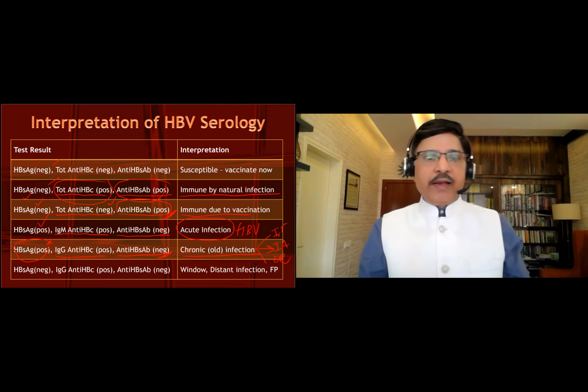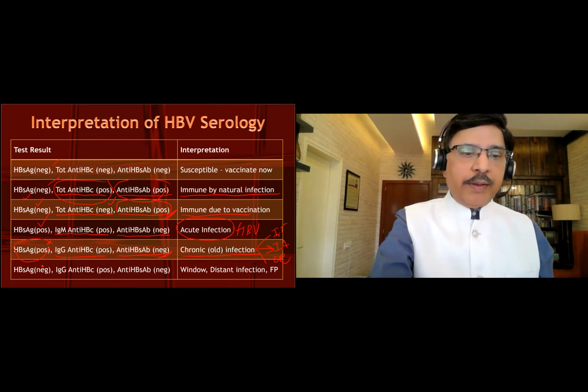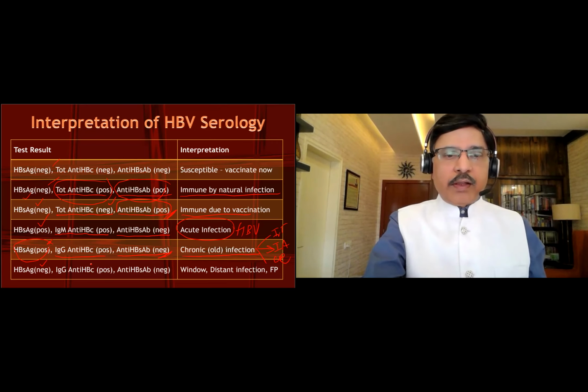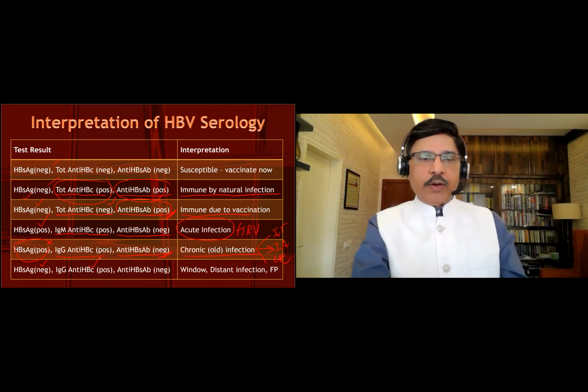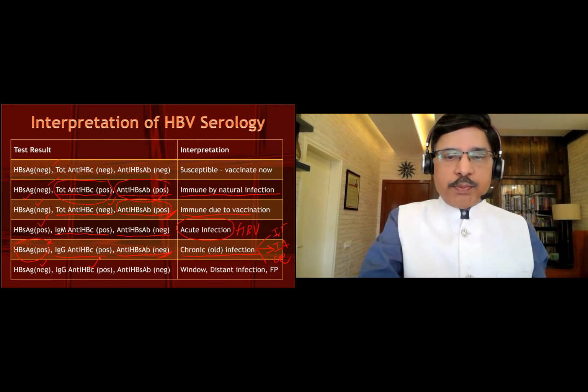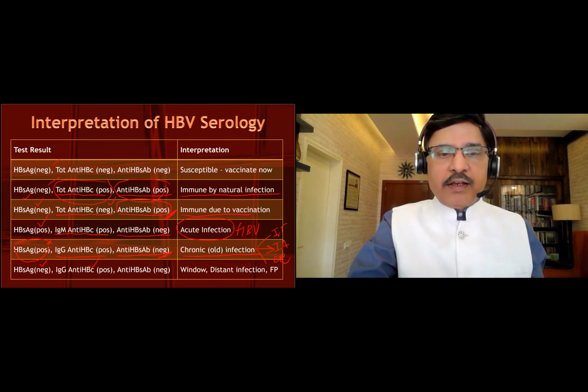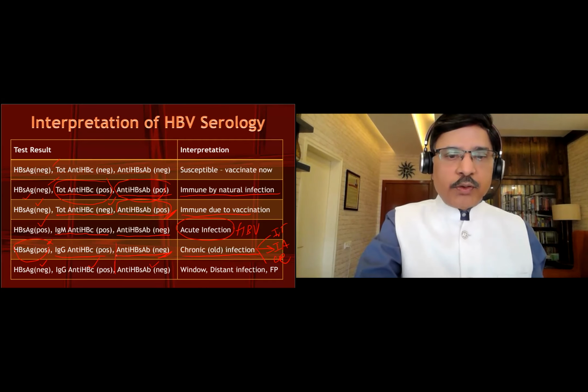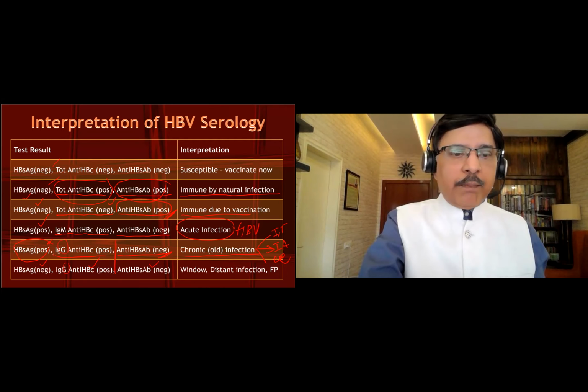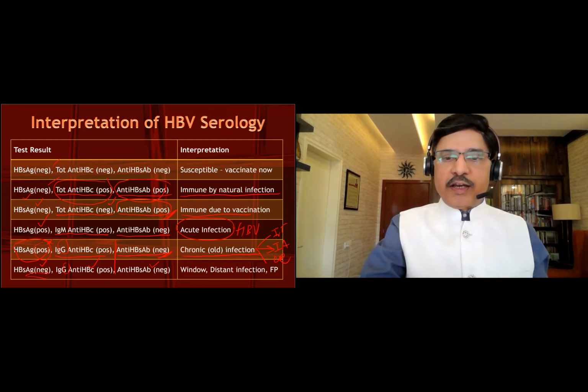And finally, there will be a person who will be HBs antigen negative, the core antibody, chronic phase antibody, IgG antibody is positive. What is the difference between the two? This is IgG positive, this is IgG positive, but here the HBs antigen is positive, here this fellow is negative. That means what?